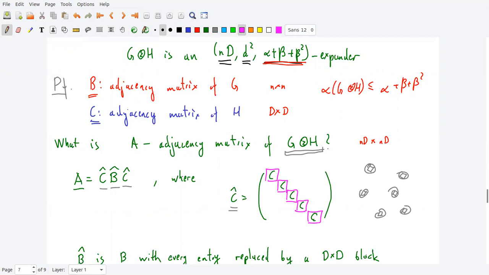Then taking one step in the respective copy of H corresponds to multiplying by this matrix C hat.